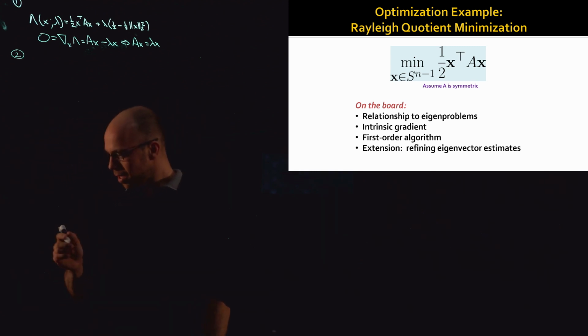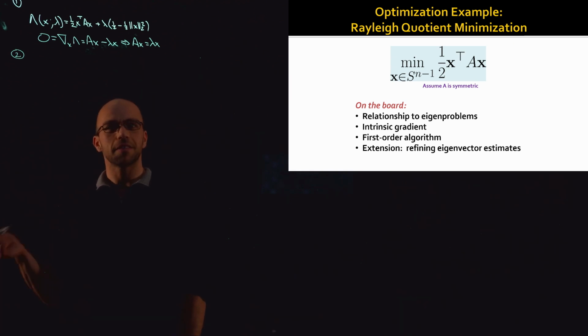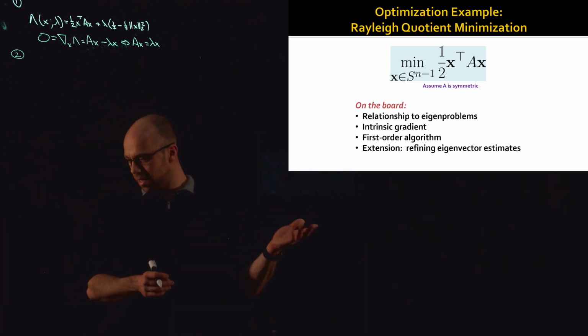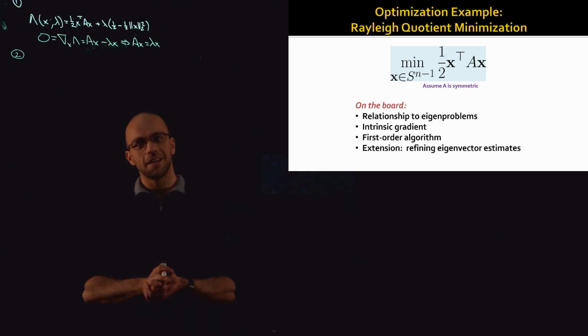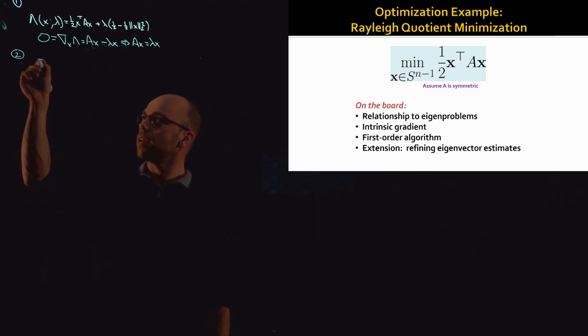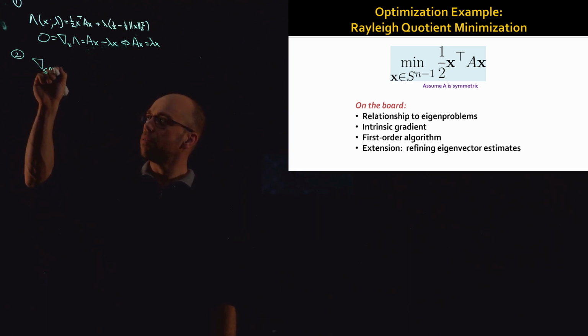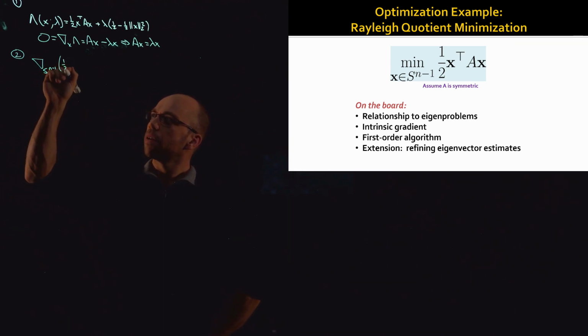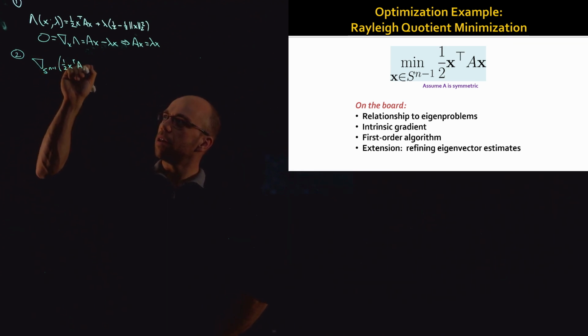So in particular, remember that I can get my intrinsic gradient, we actually already argued in this lecture, by taking my extrinsic gradient and projecting it onto the unit sphere. So in this case, the gradient with respect to S^(n-1) of my objective here, 1/2 x transpose Ax.